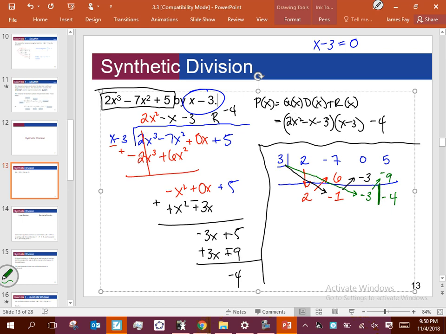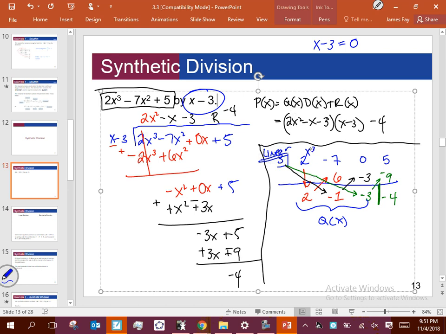Okay, this last number here, the last coefficient, is actually your remainder. And these are the coefficients of what we call our depreciated polynomial. This is our quotient right here. This is q of x. Now think about this. This was a linear term. That 3 came from x minus 3. This was 2x cubed.